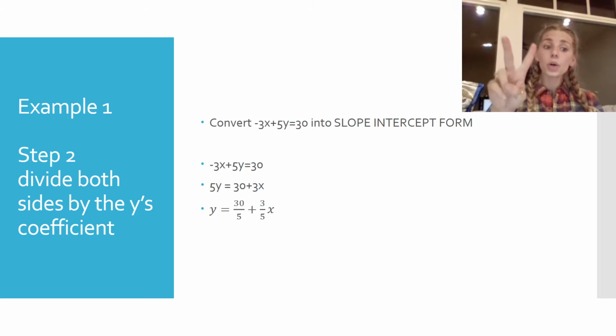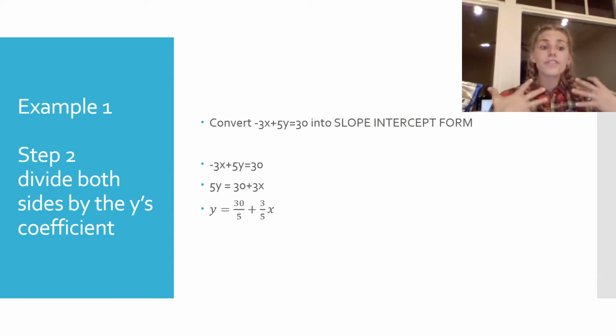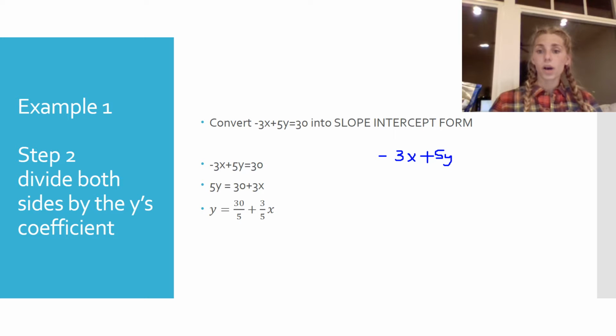All right, step two, we are now going to divide both sides by the y's coefficient. That's math lingo. It's going to be easier to understand the more you hear it. So I'm just going to show you the process again. So we had negative 3x plus 5y equals 30. We added the 3x to both sides so we could get the 5y by itself.